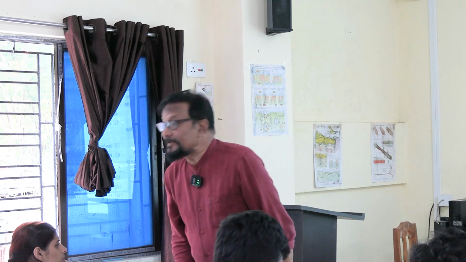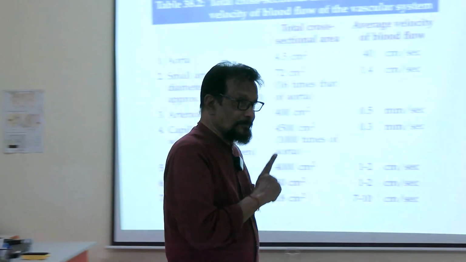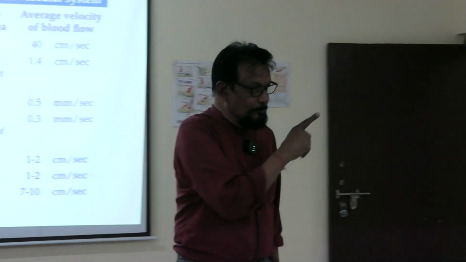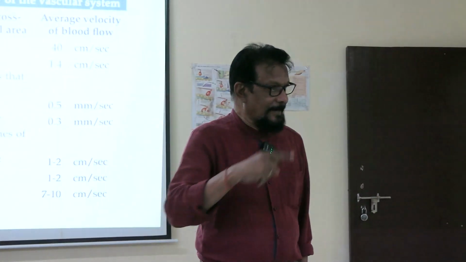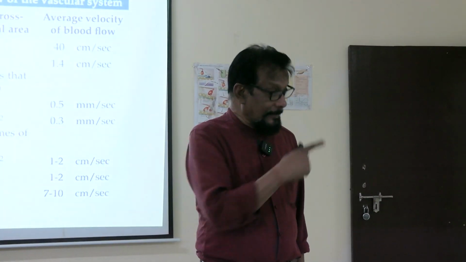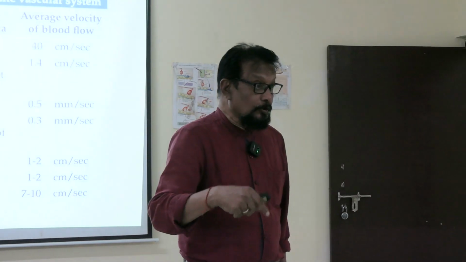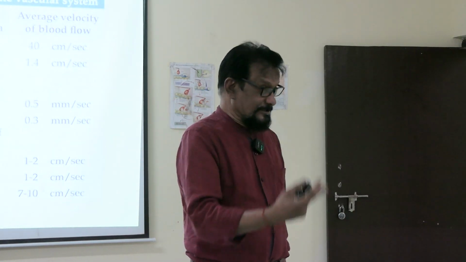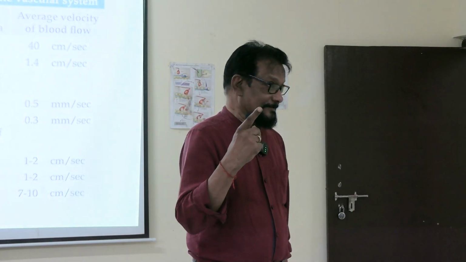Because of change in diameter, change in cross-sectional area, change in velocity. So what idea did you get from the earlier one? As you proceed, diameter decreases. Here, as you proceed, total cross-sectional area increases.